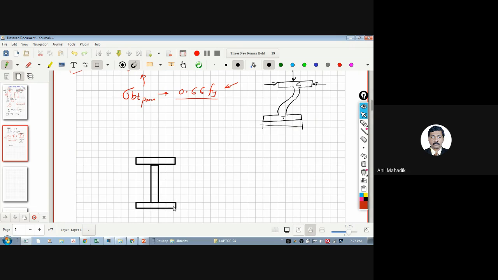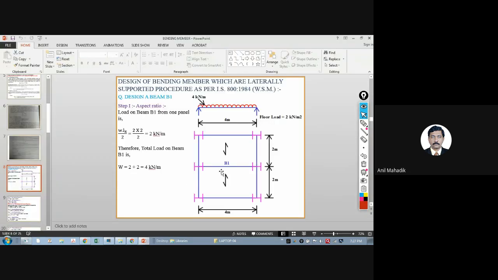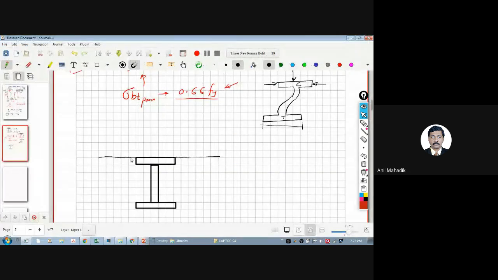slabs. When there is a slab, let's say I'm putting one slab over here. For this room, this slab is there. That means the slab is supported on the beam B1. And let's say I'm putting one shear connector to this point. I'm putting these bolts, I can call them shear connectors.